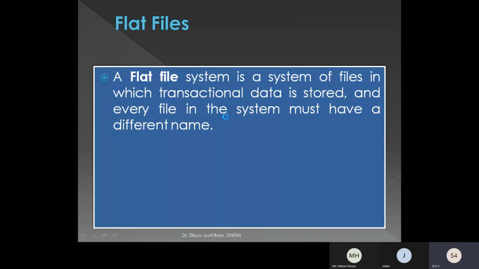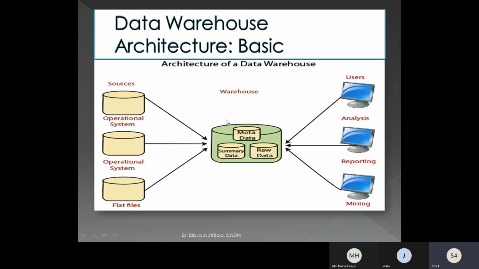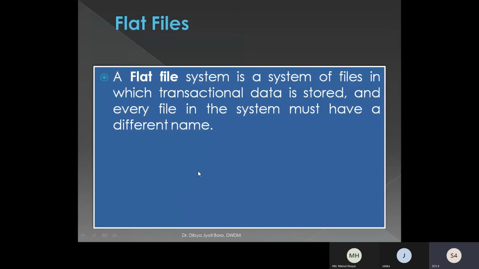Then flat files. You will see that I have used the term flat files here. Flat files are nothing but the files that you use. A flat file system is a system of files in which transactional data is stored, and every file in the system must have a different name. You know this, if you store any file in your system, two files cannot have the same name in the same folder, okay?